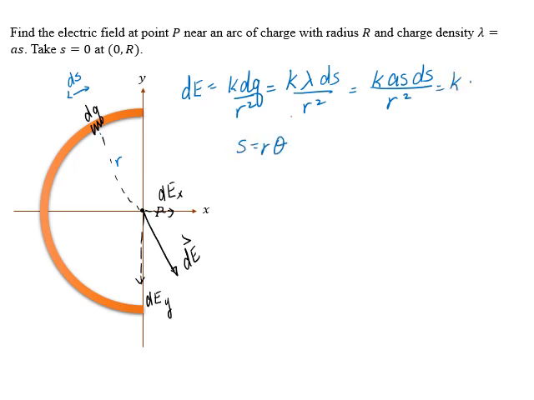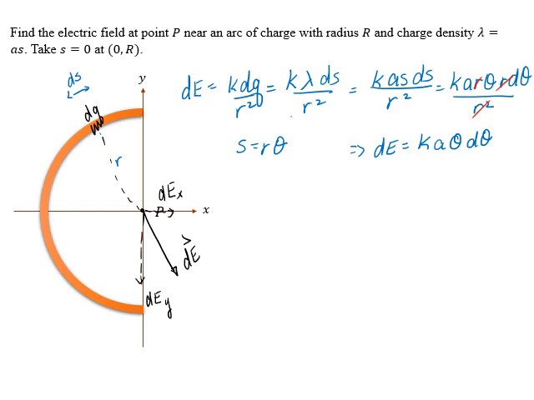So we get k times a times r times theta times r times d theta. s is r times theta, ds is r times d theta, divided by r squared. What we see here is that we've got two r's on top, which cancel with the r squared on the bottom. So it gives us dE has a magnitude of k times a times theta times d theta.